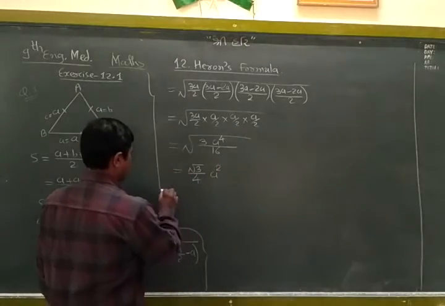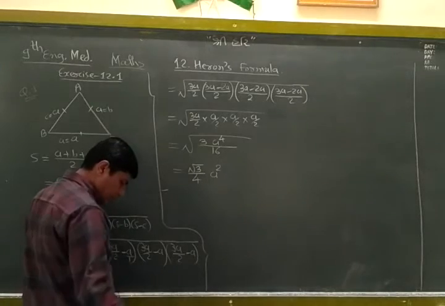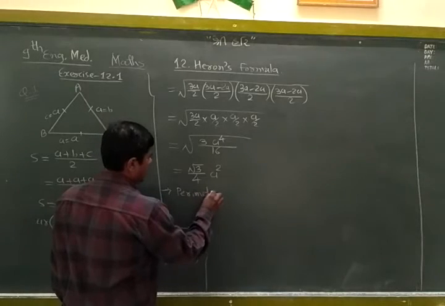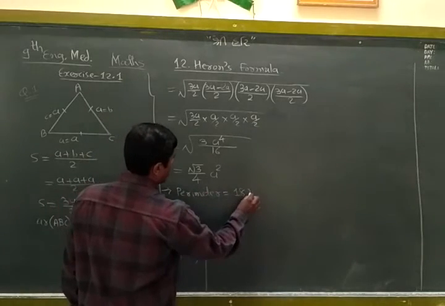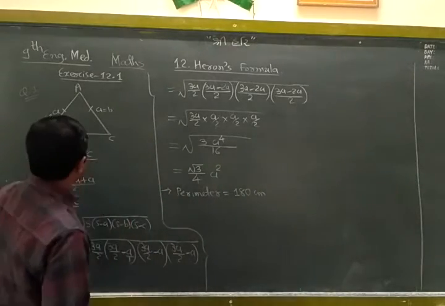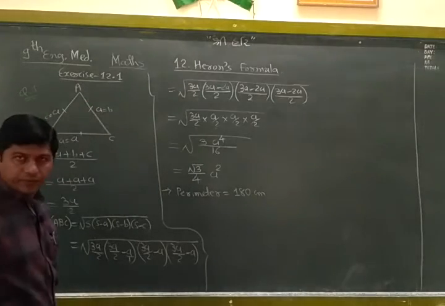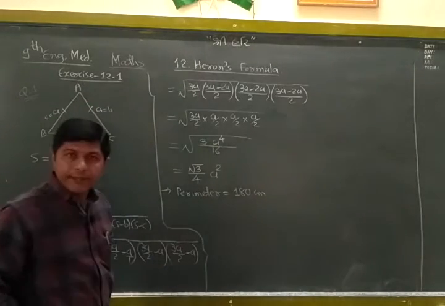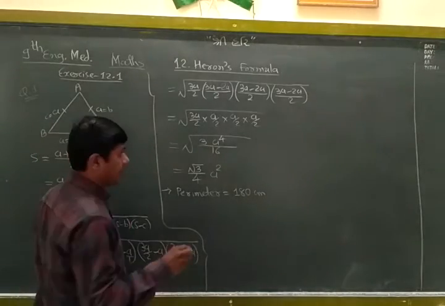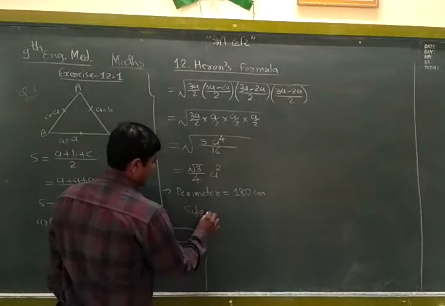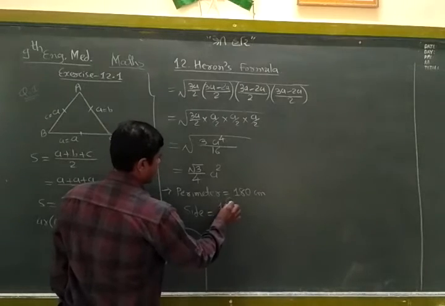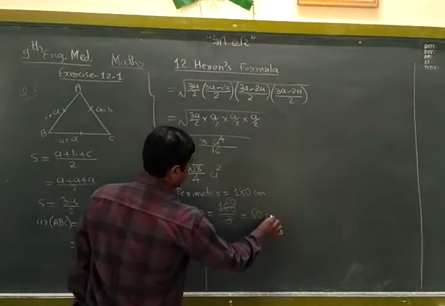Here perimeter is 180 centimeter. Okay, so here three sides are the same. Dividing by 3, because it is an equilateral triangle, all sides are the same, so side is 180 by 3, 6 times, so 60 centimeter.